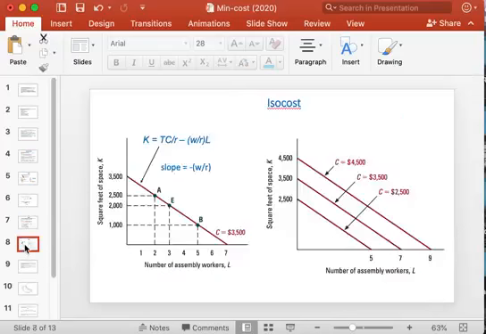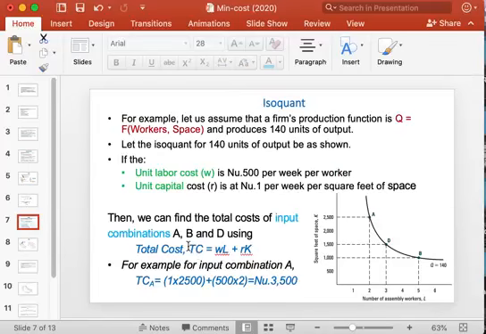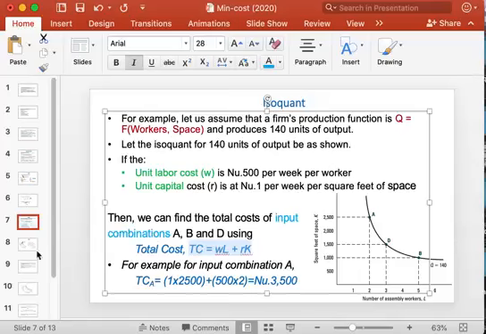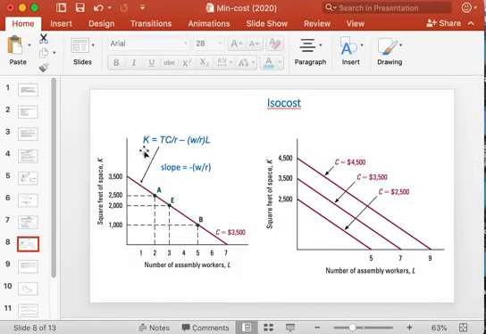Now to move on to the isocost line. We can derive the isocost line using the total cost formula. If you rearrange it in terms of the capital K, then it will become like this.